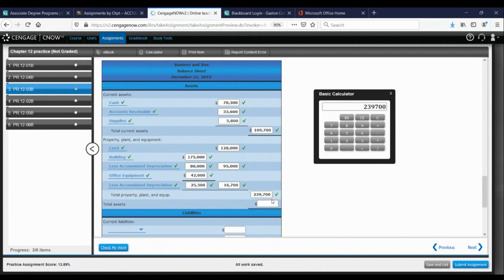Then we're going to add our total property, plant, and equipment to our total current assets.